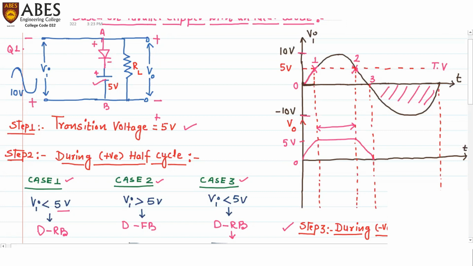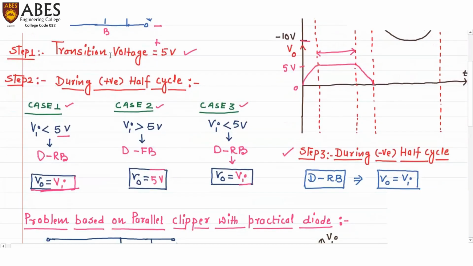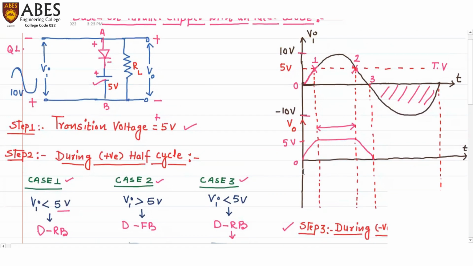So this battery voltage also makes the diode reverse biased. Both the input voltage as well as the battery voltage are making the diode reverse biased, and if the diode is reverse biased, it will behave like an open circuit.